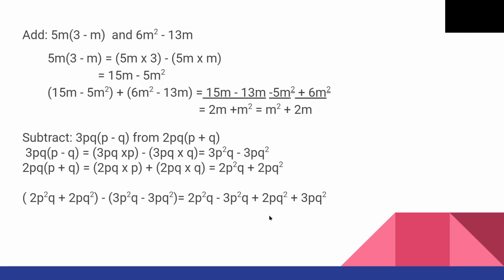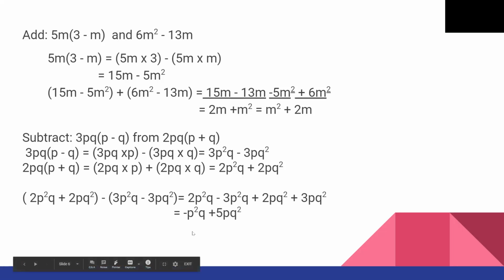Now these two are like terms and these two are also like terms. So simplifying, 2 minus 3 will become minus 1. So it can be written as minus p square q. Then 2pq square and 3pq square. So 2 plus 3 will be 5. So it will become 5pq square. So the final answer is minus p square q plus 5pq square.